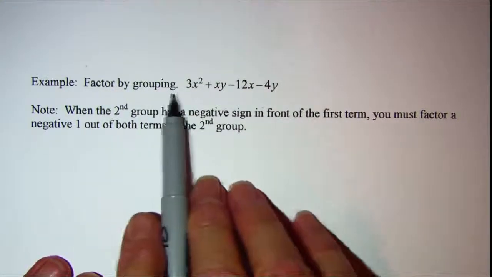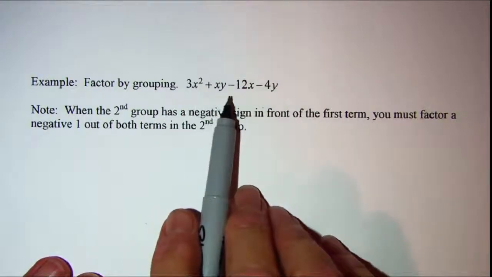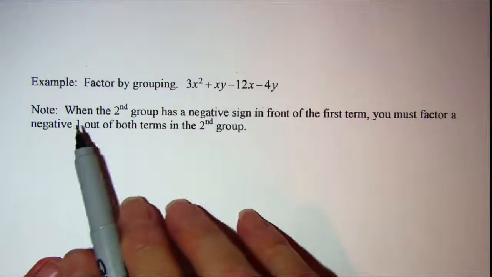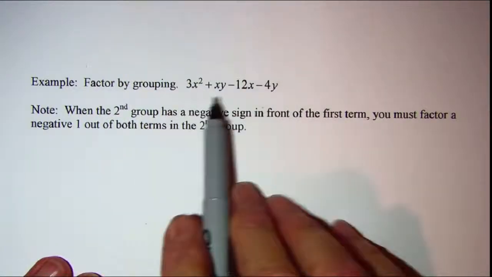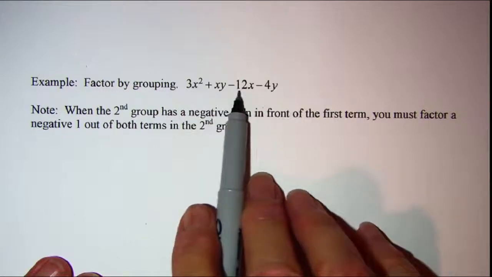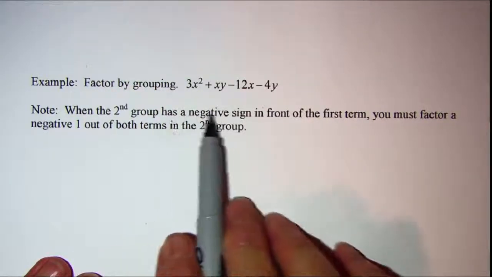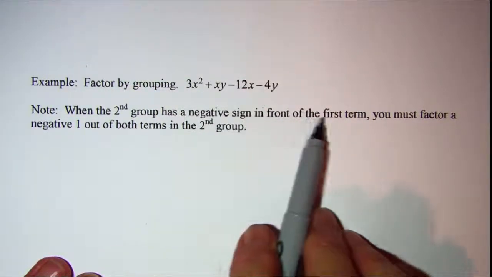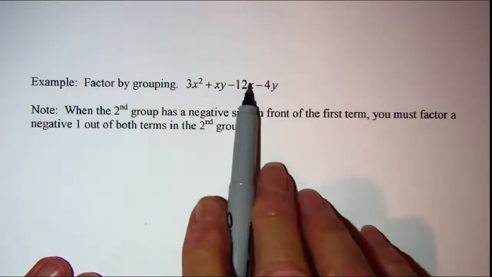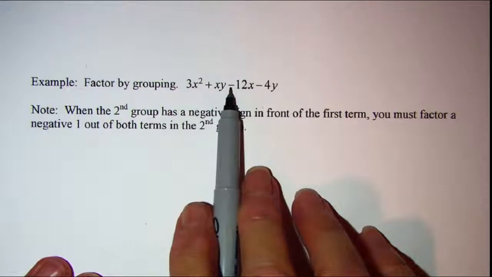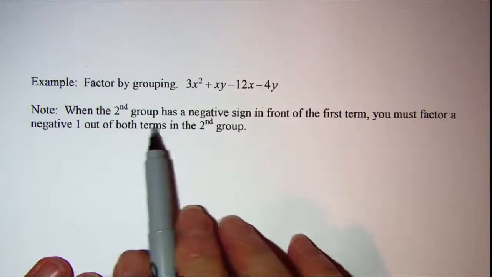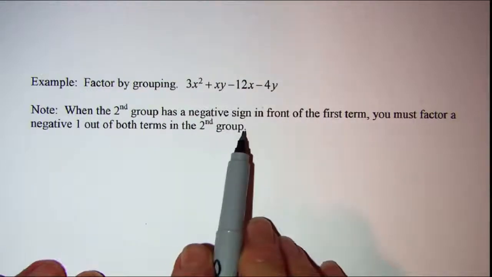Factor by grouping 3x squared plus xy minus 12x minus 4y. Note, when the second group, which is these last 2 terms here, has a negative sign in front of the first term, and it's negative, you must factor a -1 out of both terms in the second group.